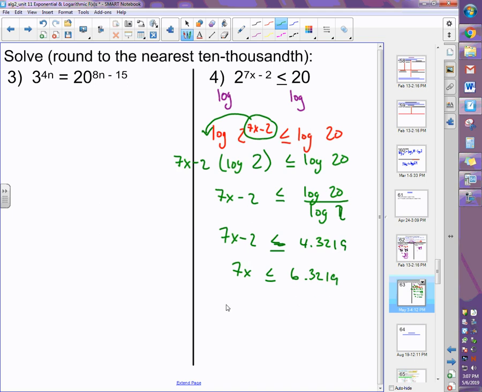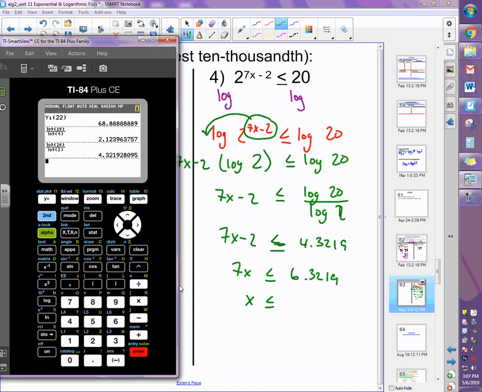And then divide that by 7 to get x alone. So x is less than or equal to 6.3219 (that's 4.3219 plus 2) divided by 7, about 0.9031.